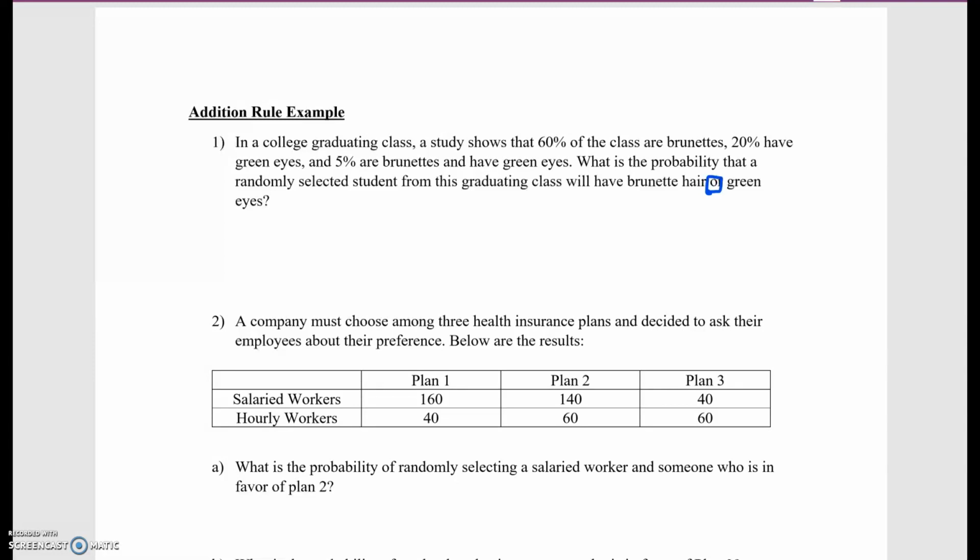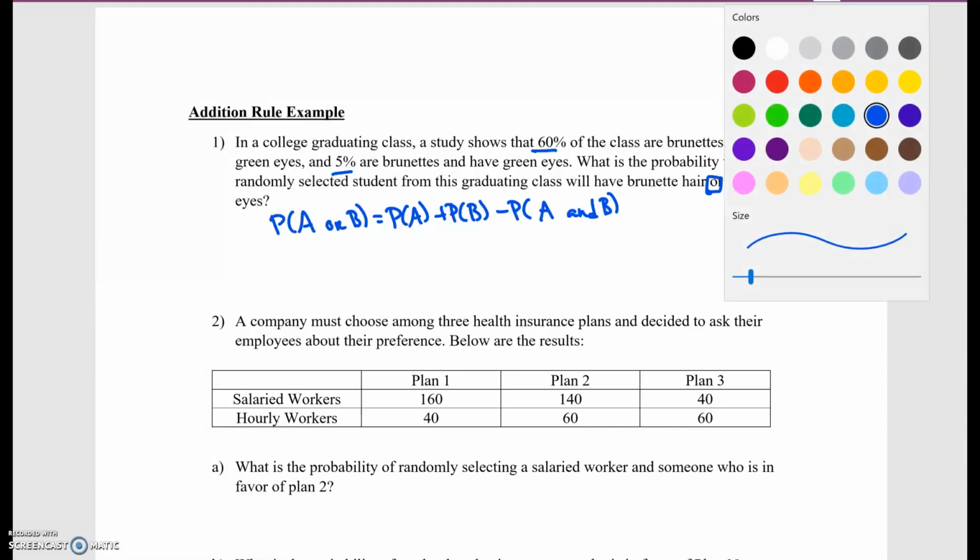If you remember, the addition rule says that the probability of A or B is equal to the probability of A plus the probability of B minus the probability of A and B. Okay, so let's figure out what these percentages actually represent, because what we're basically looking for is the probability. Let me change the color.